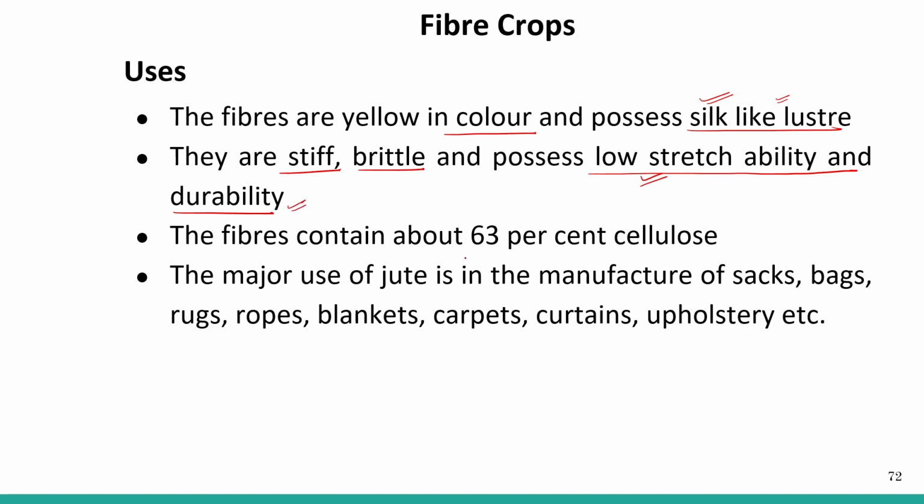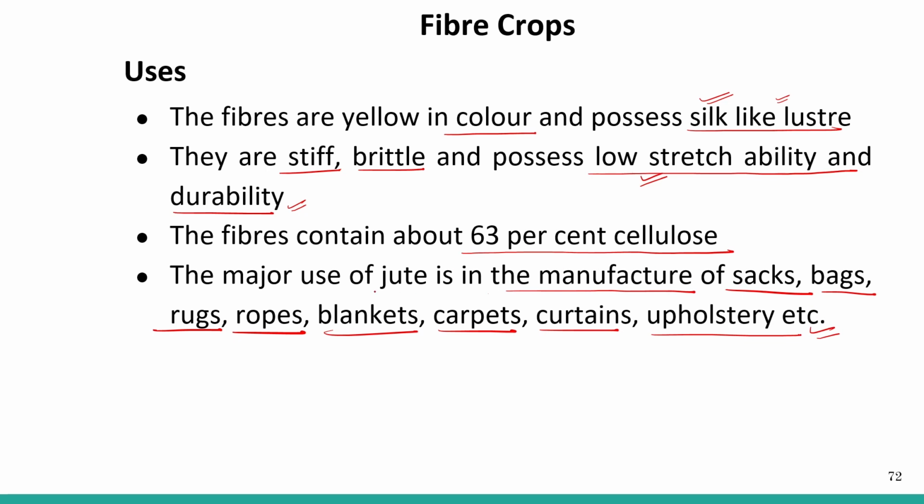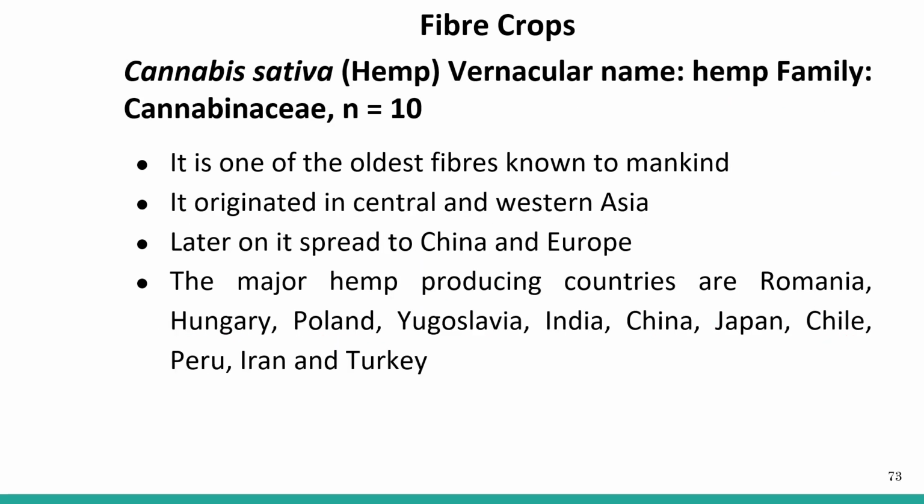The fibers contain about 63% of cellulose. The major use of jute is in the manufacture of sacks, bags, rugs, ropes, blankets, carpet, curtains and upholstery also. This is one of the very important fibers of our country.